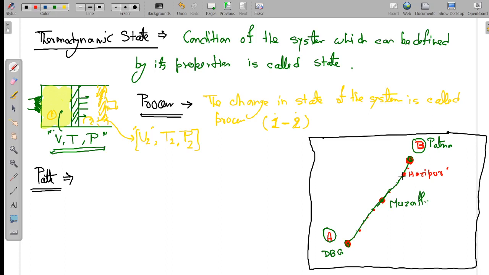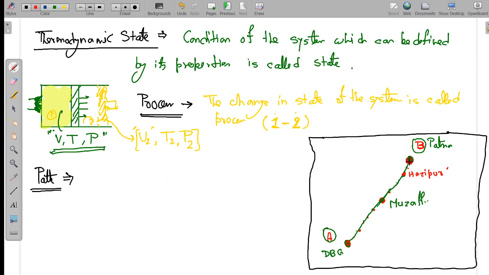If anybody asks where you are, I can easily say I am in Hajipur. But if I am moving on a highway and there is no city or village where I am moving, then I cannot define my state. Similarly, if I am in Patna, I can easily say that I am in Patna.